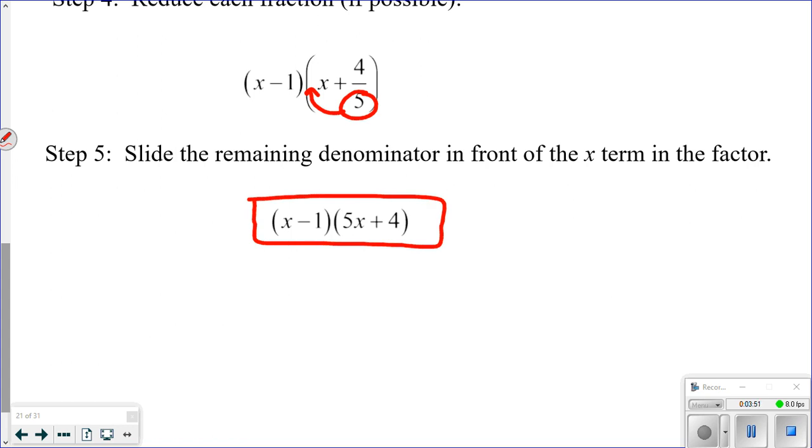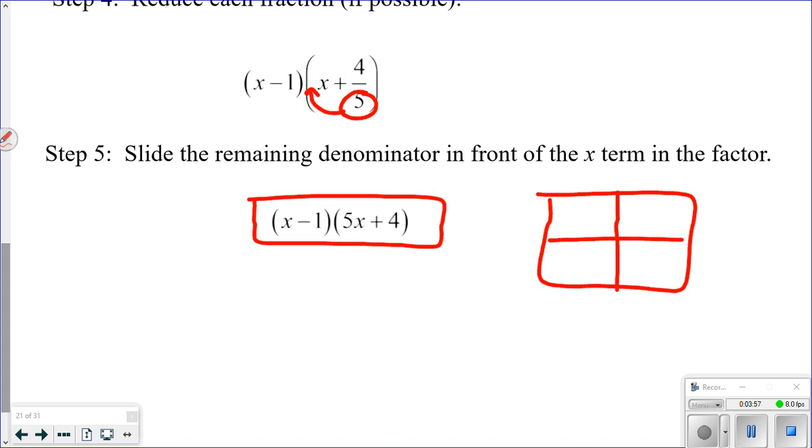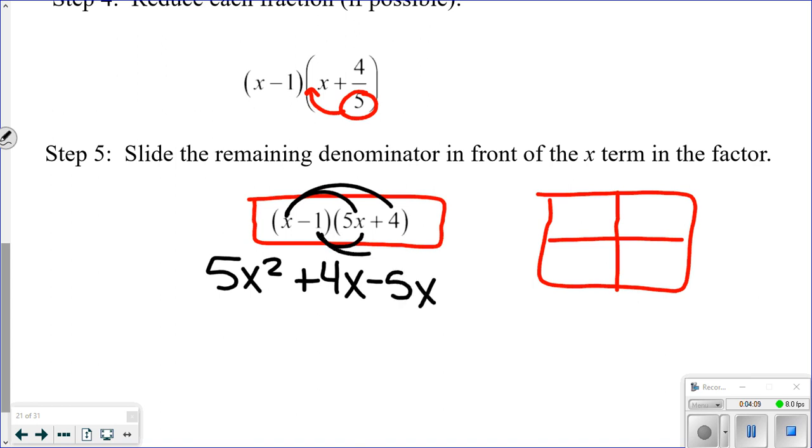Now, I can use the box method or distributive property, which is FOIL, to check my work. So first, outside, inside, last.